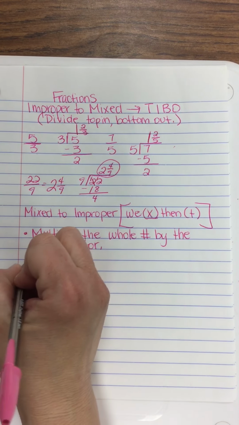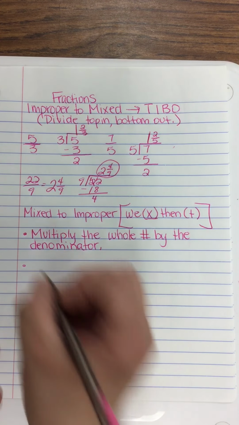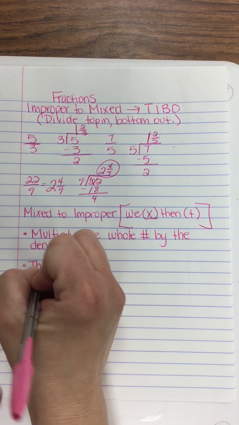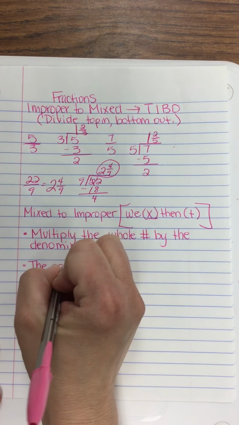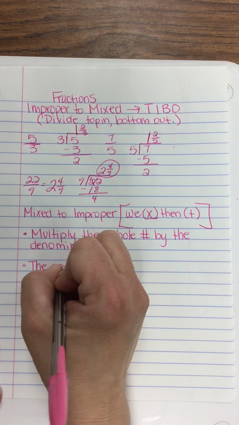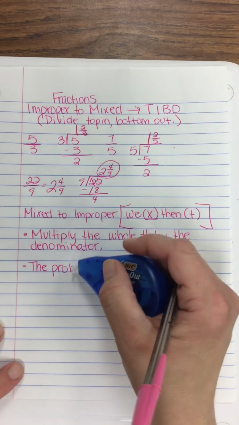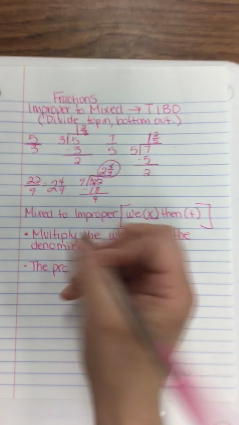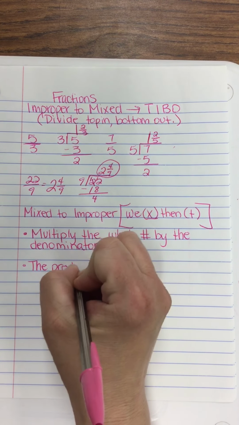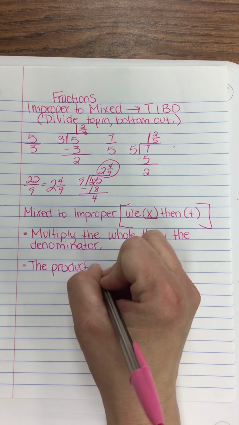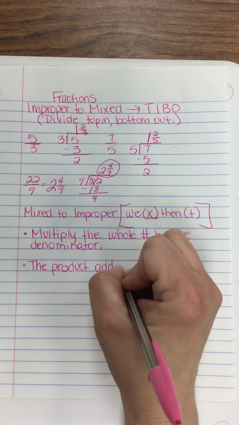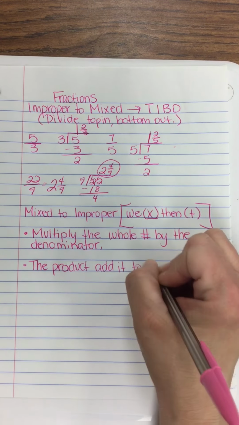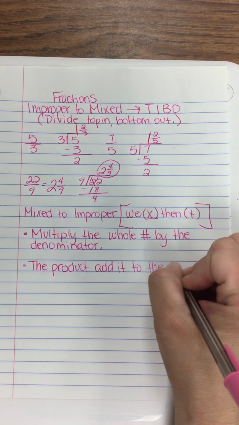All right, then we're going to take the product. Whoops. Can't spell today. I'm going to take the product and add it to the numerator.